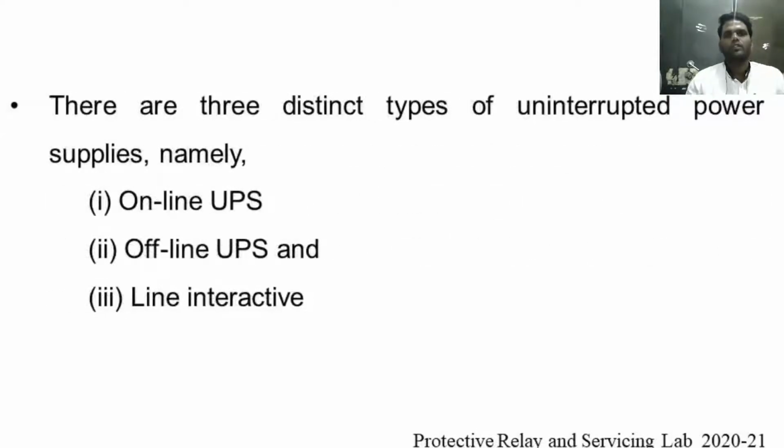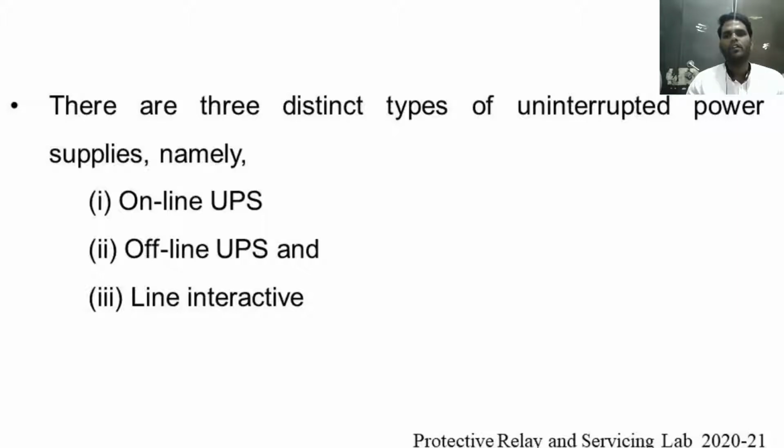So there are three distinct types of UPSs, namely online UPS, offline UPS and line interactive UPS. Online UPS means the power is continuously converted and given to the load. The mains supply is given to the converter or rectifier, where we convert AC into DC.